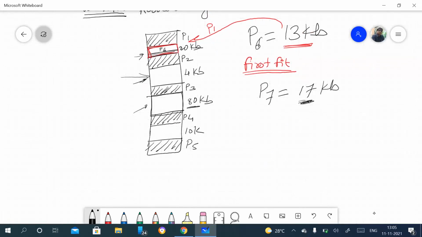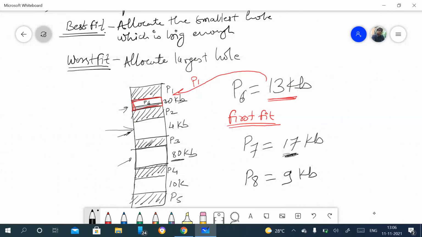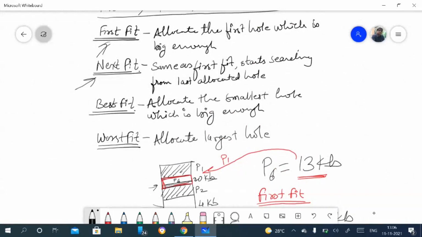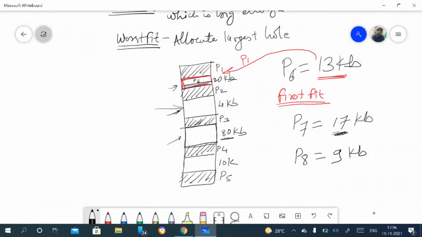One more process you just consider, that is P8, suppose 9 kb, right? Here if you consider first fit, that 9 kb will be stored under this 80 kb again.